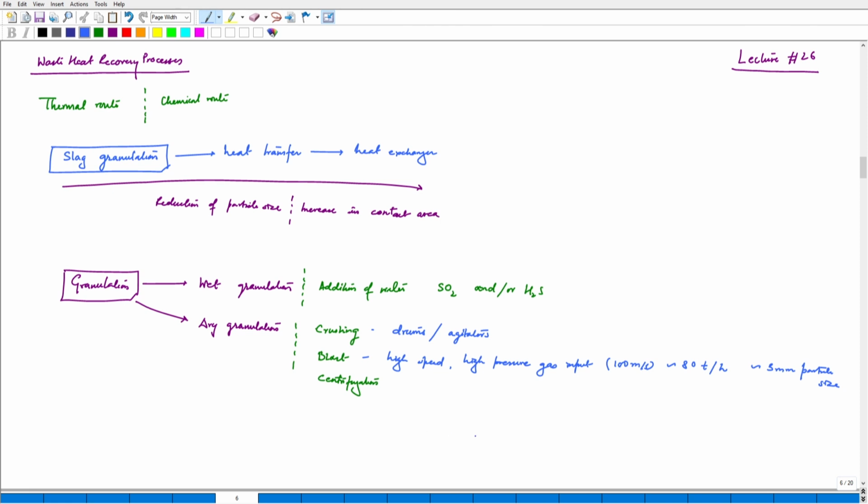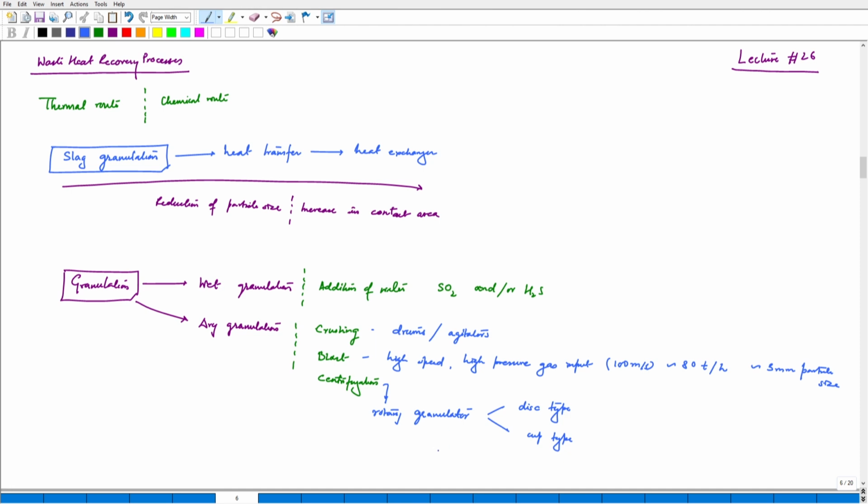And of course, the centrifugation. Centrifugation is basically having a rotary centrifugator, or basically granulator, which is going to do centrifugation. And this is either of disc type, because of course this is all in dry granulation, disc type or cup type.